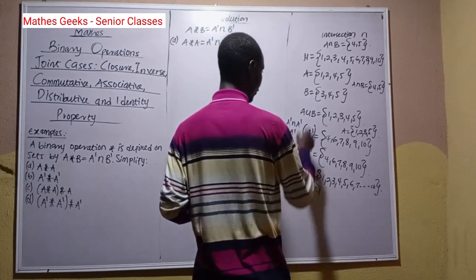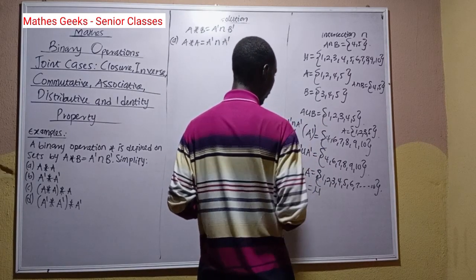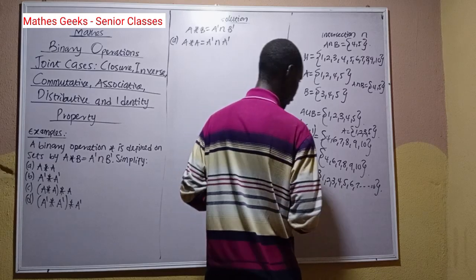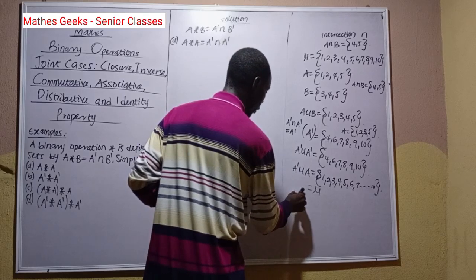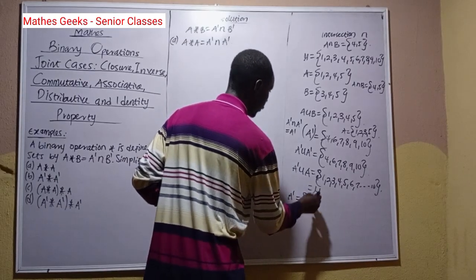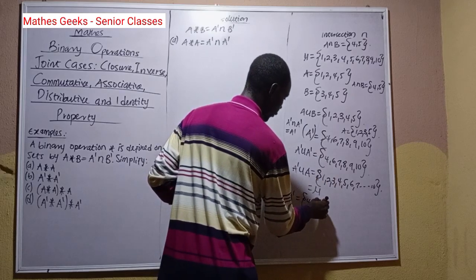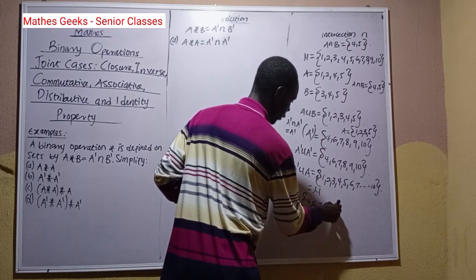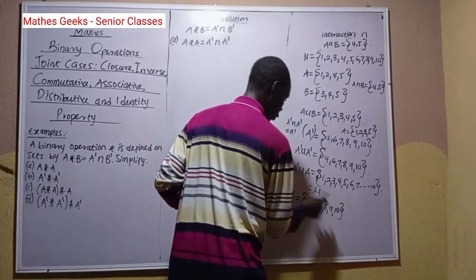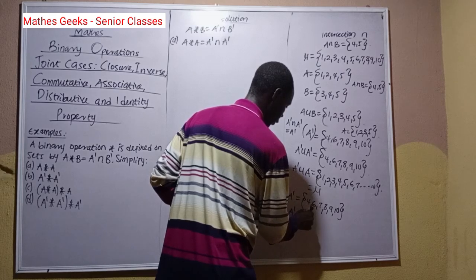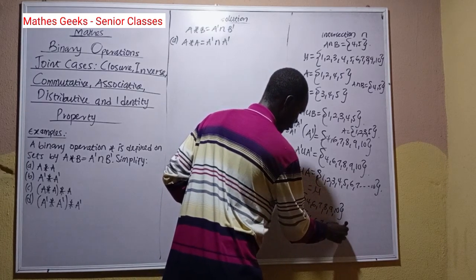What will be common to these two sets that have been intersected is A complement. Given that A complement is 4, 6, 7, 8, 9, 10, and we intersect it with the A complement, we have the same figures 4, 6, 7, 8, 9, 10.